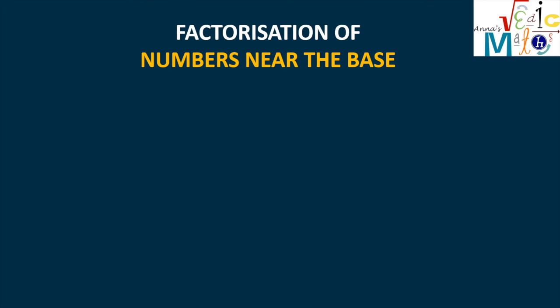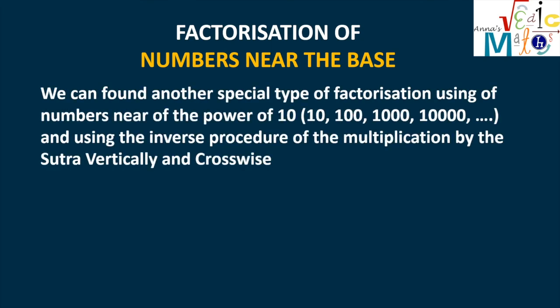For some types of numbers, with the Vedic sutras, the factorization can be easier. For example, we want to find the factorization of numbers near a power of 10, where we use the sutra vertically and crosswise.